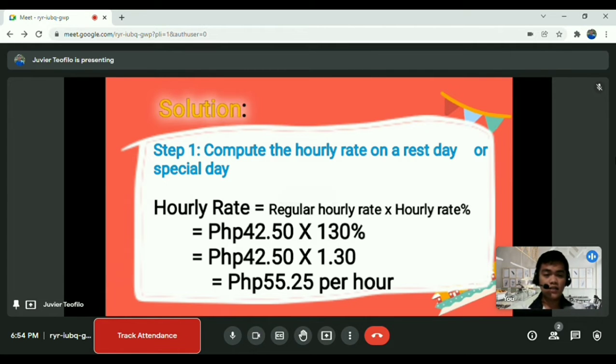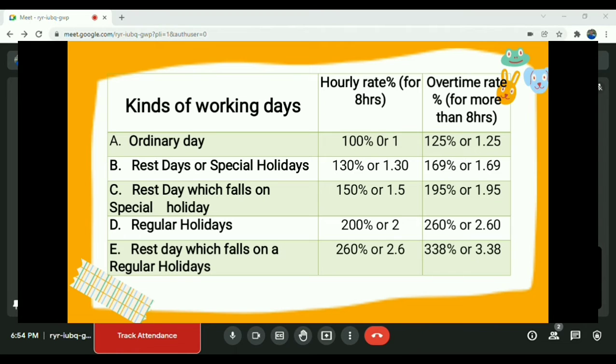Again, let's see the table. You are computing the overtime in terms of rest days or special non-working holidays, and our hourly rate is 130% or 1.30. Now, this is the numerical value that we are going to use to compute the overtime rate.